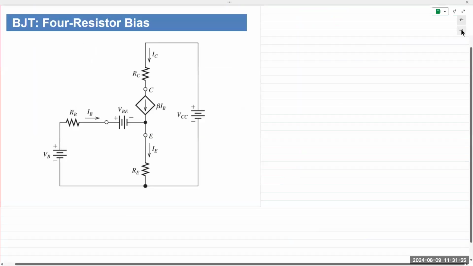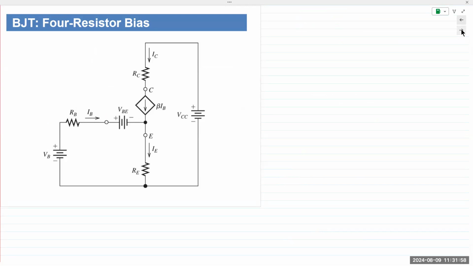Typically, a bipolar junction transistor is modeled as a current source. It is modeled as a dependent current source that provides a gain for the input current. Your input current is IB, output is IC. IC is beta times IB.